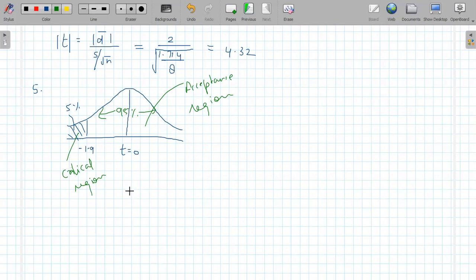So we write here, since 4.32 is greater than 1.9, this implies the null hypothesis is accepted.